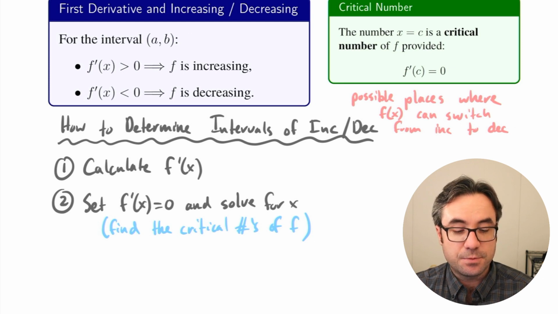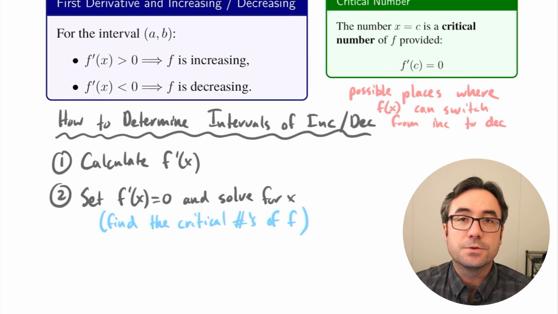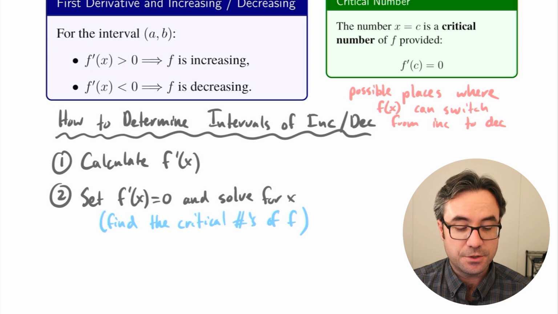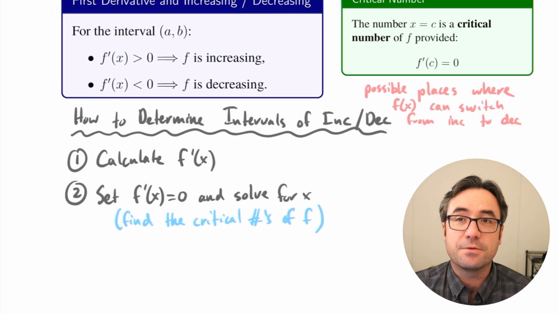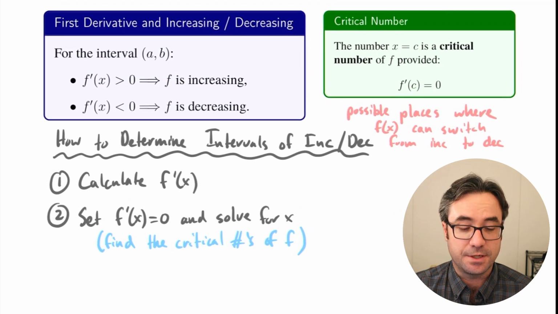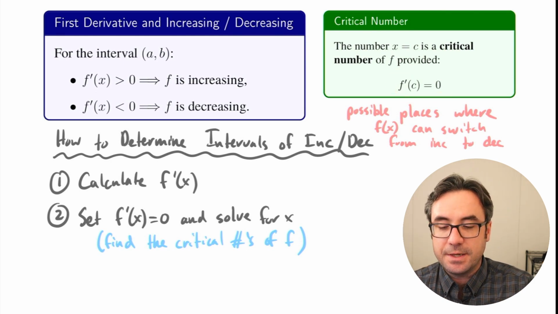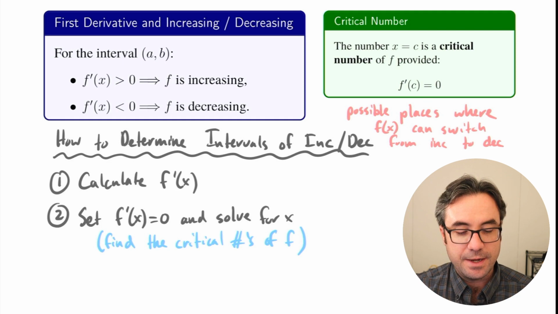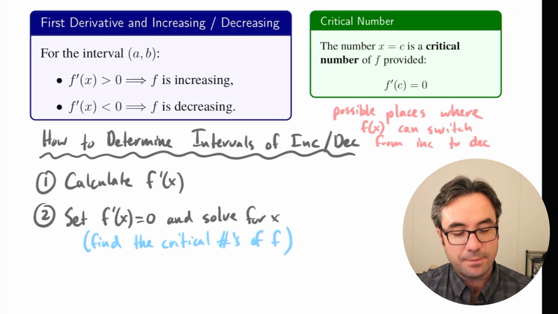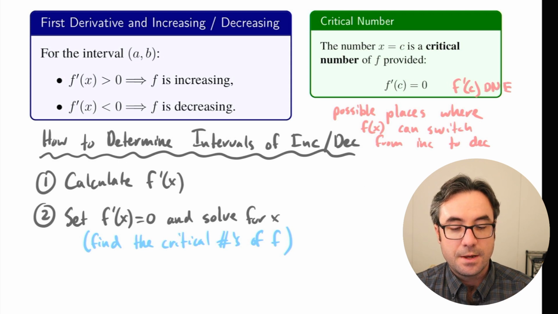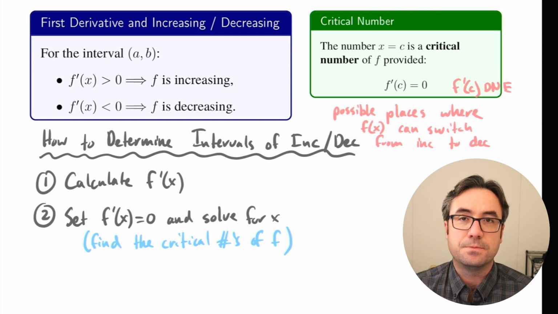So these places where the derivative is 0 are precisely the places where our function can switch back and forth between increasing and decreasing. So we want to find those locations. Now, technically speaking, there is also a second way we can have a critical number, and that's if the derivative is undefined. For our course, we're not going to see this example.